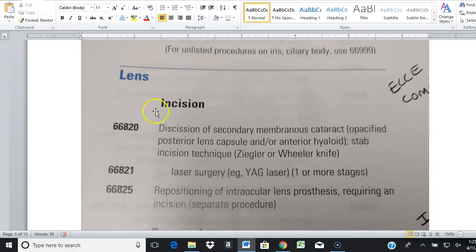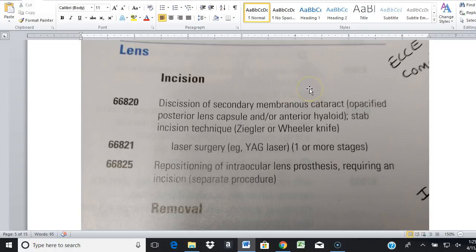Now, when it comes to the lens procedures here, this is on page 427. There are some incisions which are dealing with dissecting secondary cataract, but then we get to the removals.